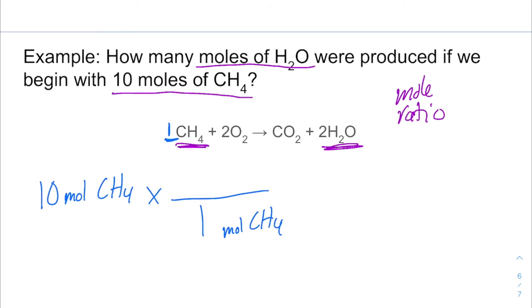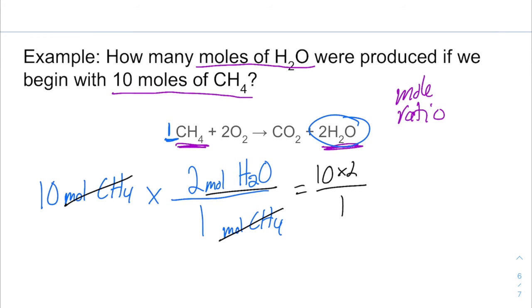And then on top, we're going to put 2 moles of H2O. Can cancel our units, mole CH4, left with moles of H2O. Now we can just do 10 times 2 divided by 1 is equal to 20 moles of H2O. So if we did a chemical reaction starting with 10 moles of CH4, which is methane, we would produce 20 moles of water, 20 moles of H2O.